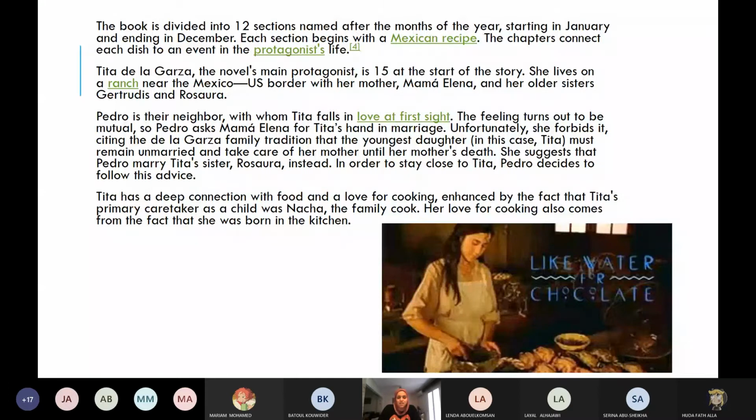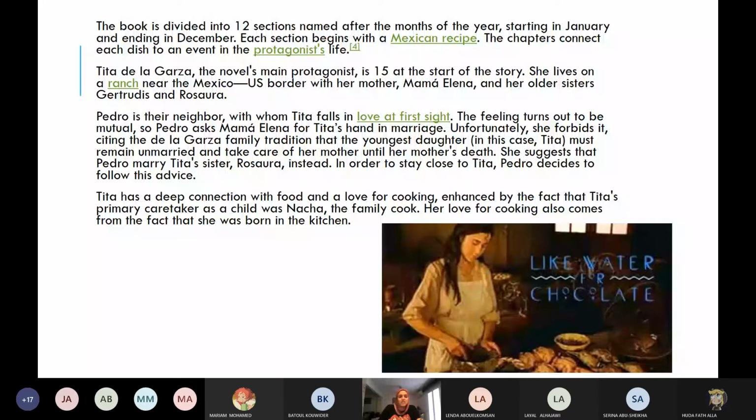Each section begins with a Mexican recipe. And I love books that contain cooking. I don't know why. You love cooking, right? You said you love cooking. Maybe that's why I love books that talk about recipes. Yeah, maybe.